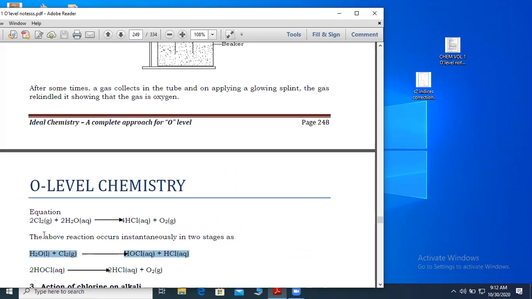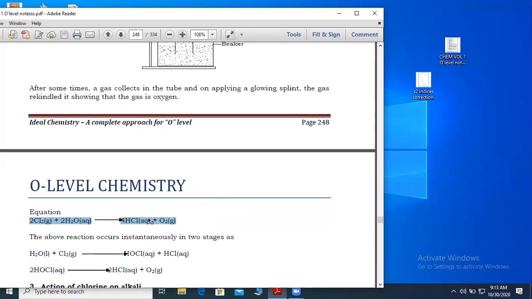So the first equation, you can say chlorine reacts with water to form hypochlorous acid and hydrochloric acid, and we write our first equation because the question needed you to write either one equation or two. So for someone who wants to write one equation that leads to formation of oxygen, it is the first one.